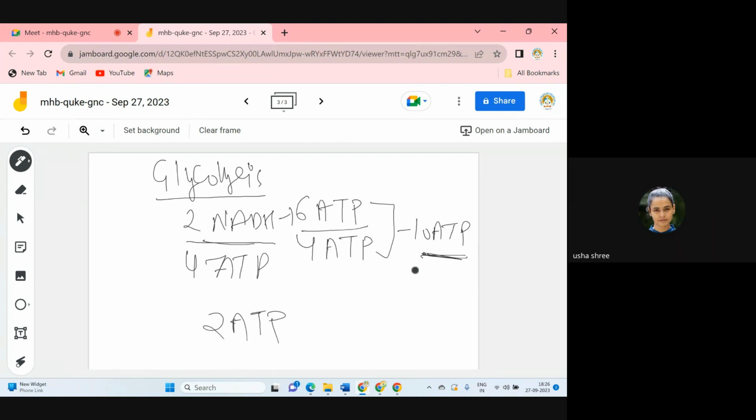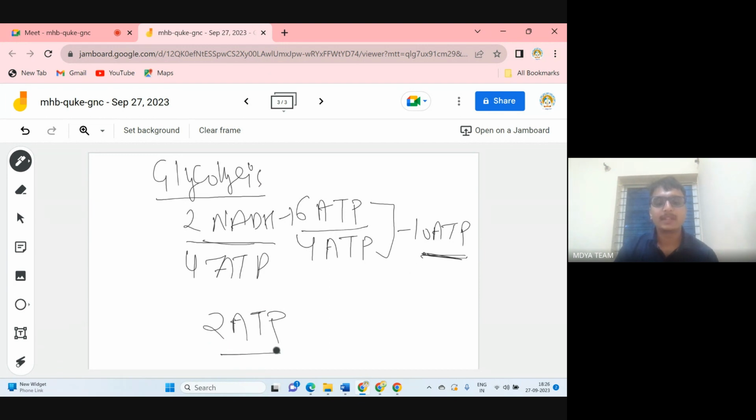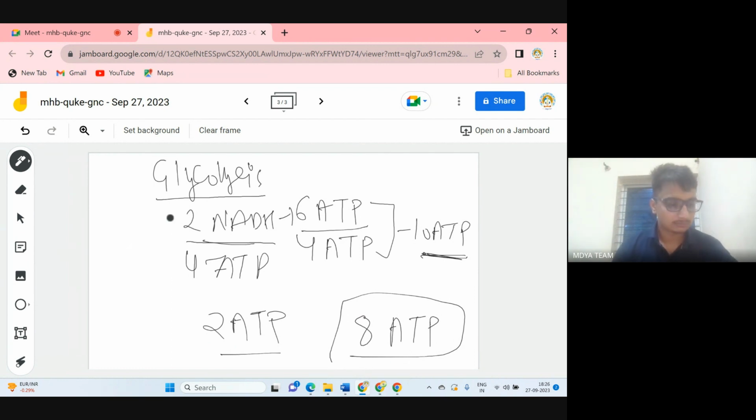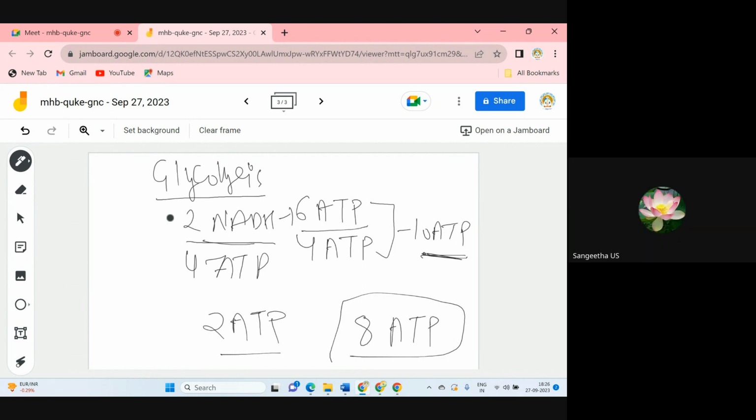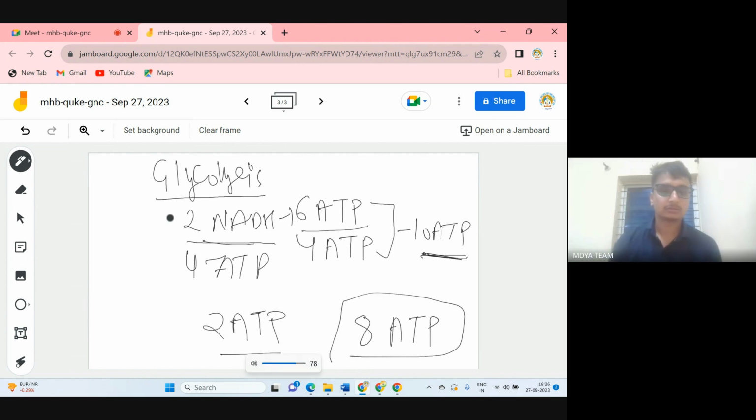Yes. So the net gain of ATP will be 8 ATP from glycolysis. Is it clear to everyone? We can also go back if you are having doubt in this.